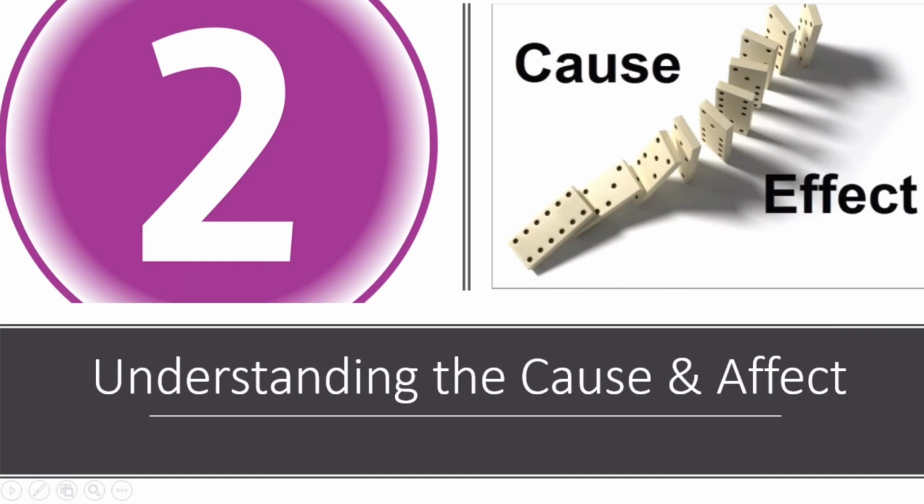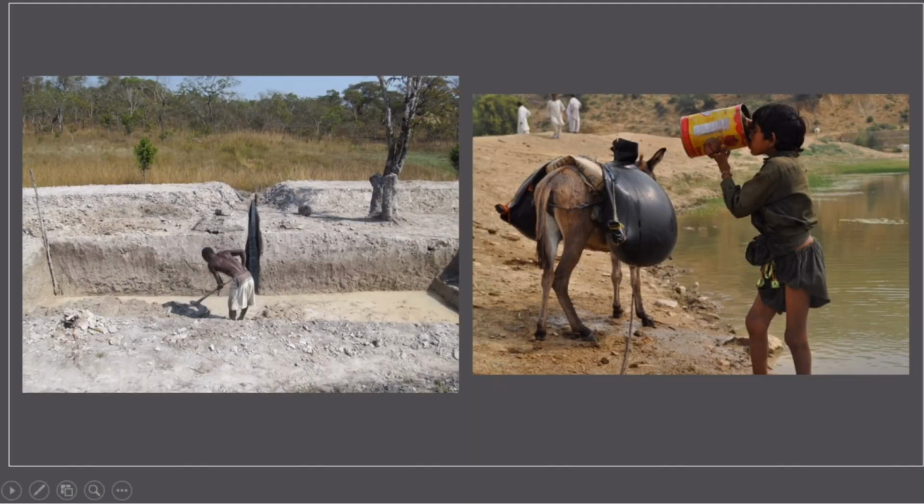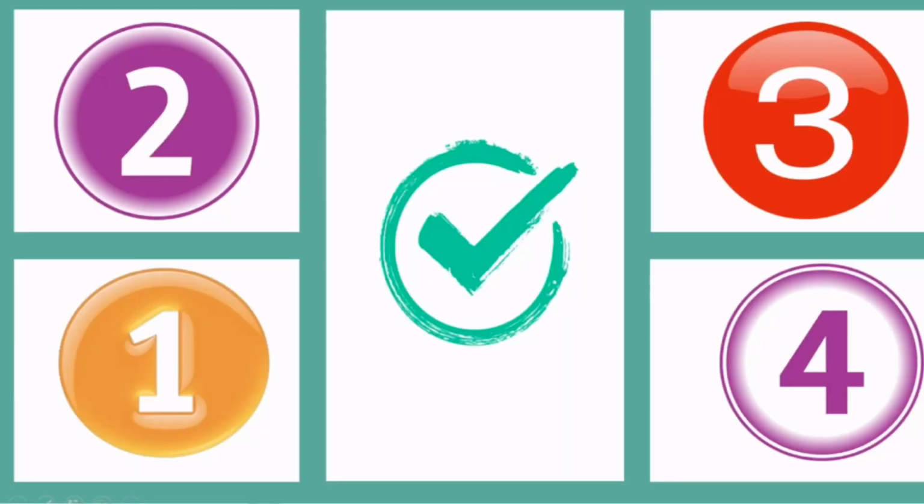Now let's move to point number 2. Point number 2 is that it helps you to understand the cause and effect of each component. It helps you to better understand the relationship among outputs, outcomes, and impact. You can describe which intended outcome would generate the impacts, meaning you can tell which impact was generated from which outcome.